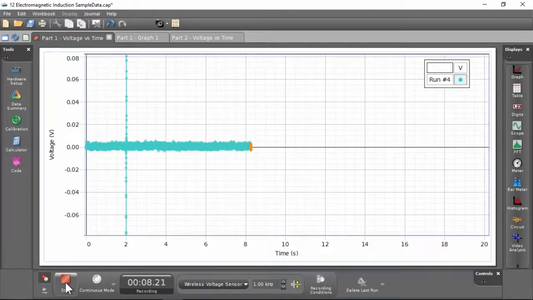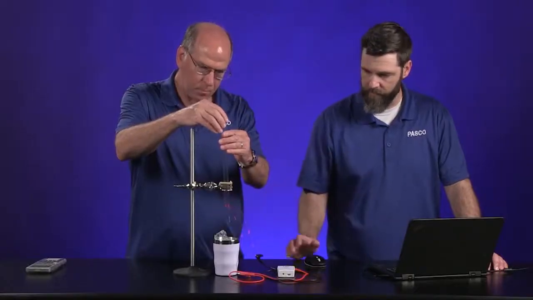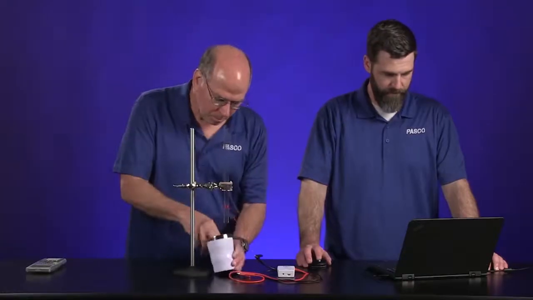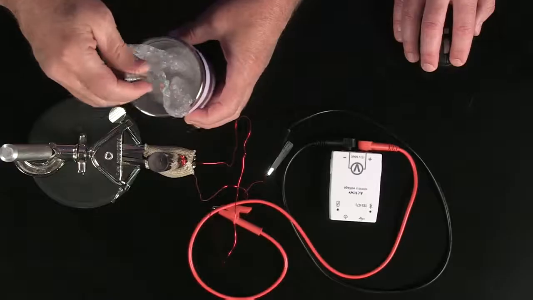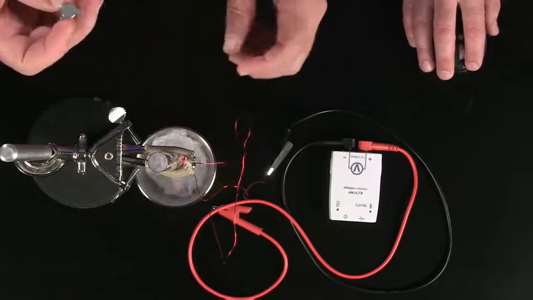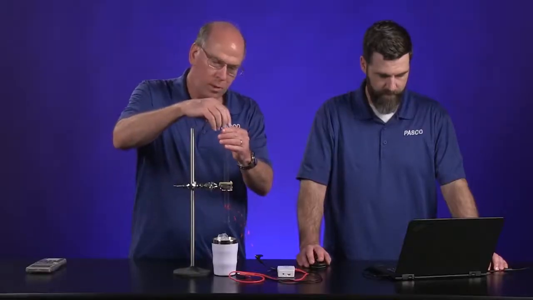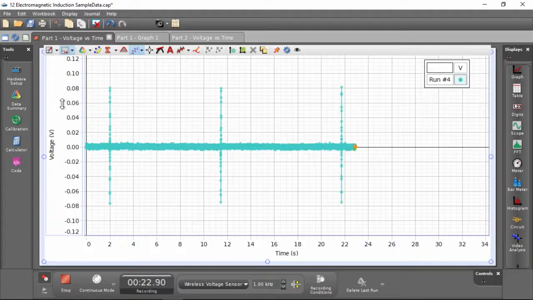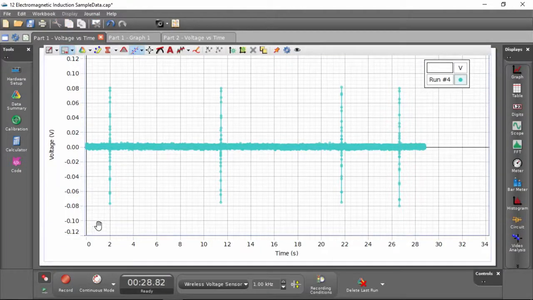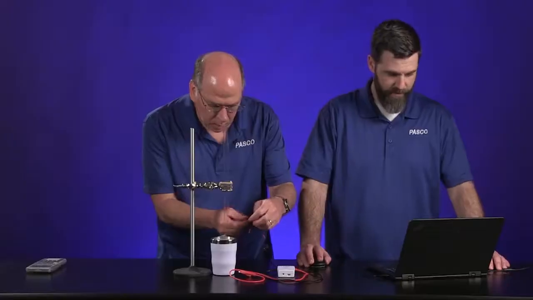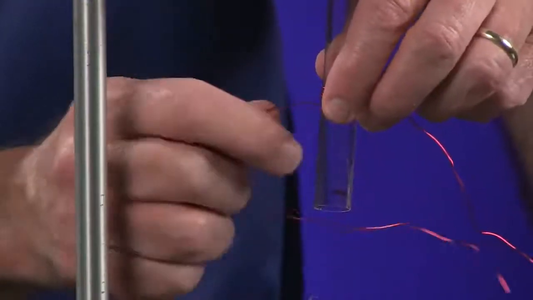Oops, that went down just a little bit. There we go. 2. So I have bubble wrap in here because magnets are fragile and we don't want it to get cracked. 4. There we go. 4 runs. No, excuse me, not 4 runs. 4 drops.